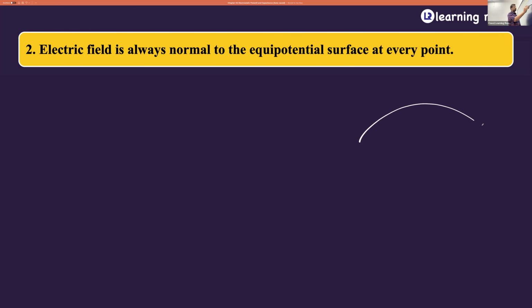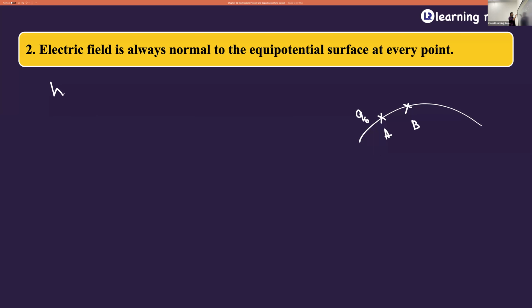See, suppose I take this to be the equipotential surface. If I take a point here and another point here, A and B, and the test charge to be Q naught, what did the previous point tell us? It told us that the work done in moving the test charge between any 2 points is going to be 0.